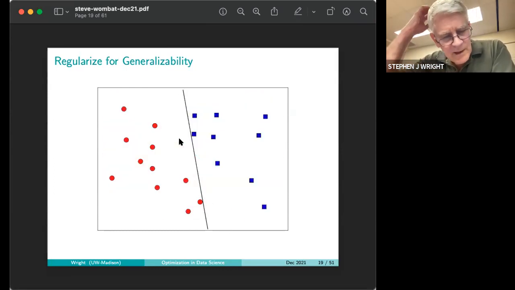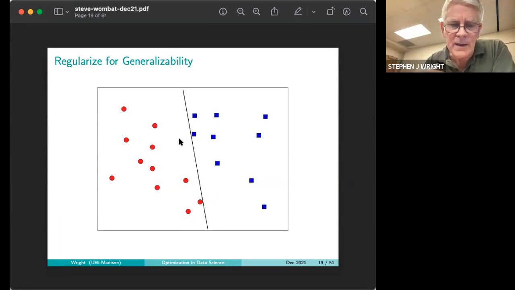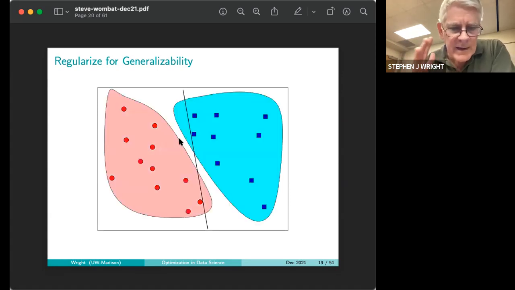Now, this is an illustration of something that's going to become important later on, this concept of generalizability, because in statistics, often when we're talking about machine learning, we're viewing the training set as just a finite sample from two underlying data sets that we really want to be able to classify. And the two underlying data sets are represented here by these red and blue, or pink and blue, blobs. Okay, so the data that we're given, which are the red and blue dots, are just a finite sample from that set.